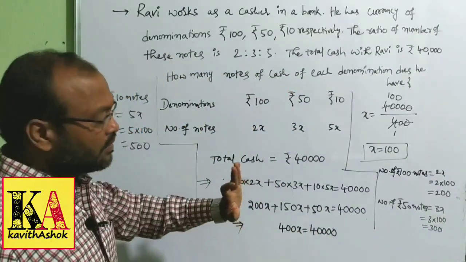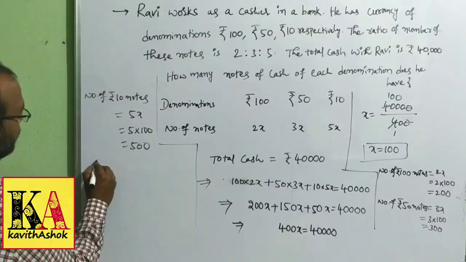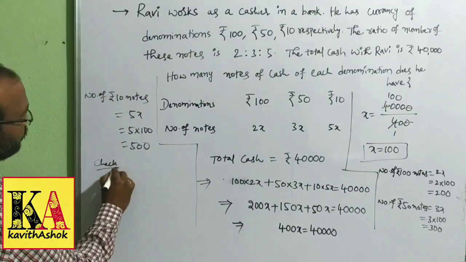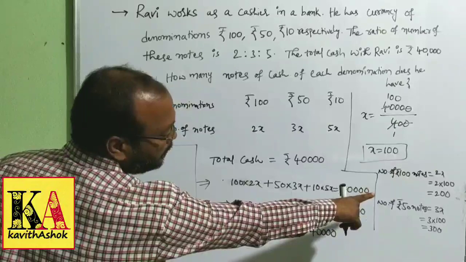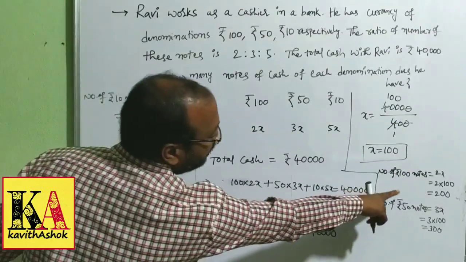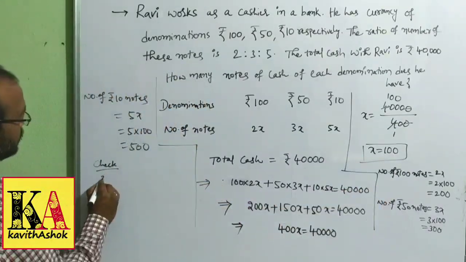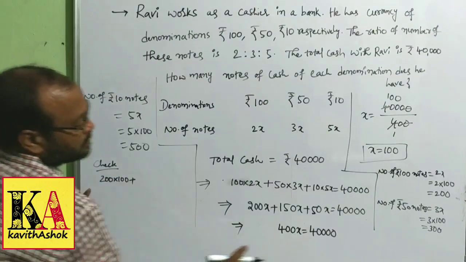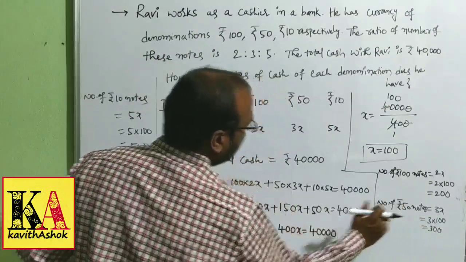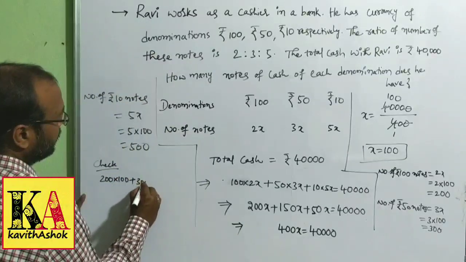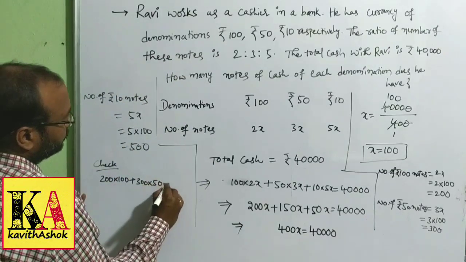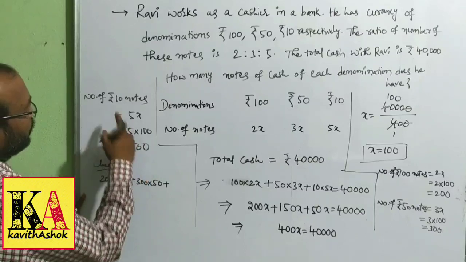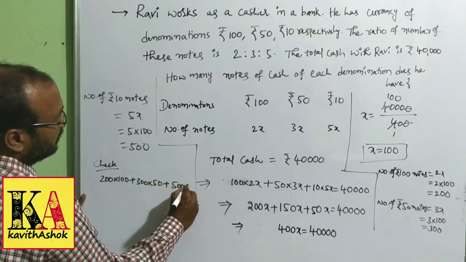Just we will verify whether our answer is correct or not. Check. 200 100-rupee notes are there. So 200 into 100 plus 300 50-rupee notes are there. So 300 into 50. Next 500 10-rupee notes are there. So 500 into 10.